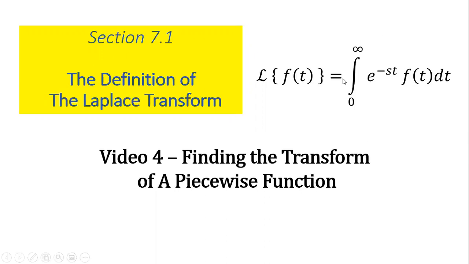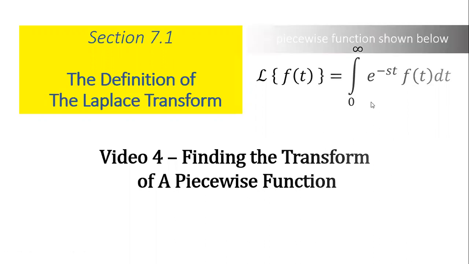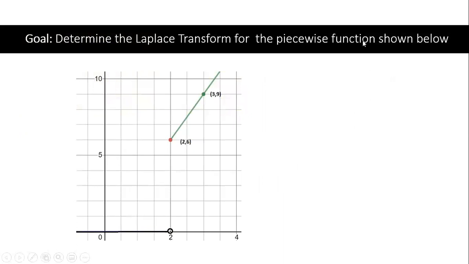So let us see if we can apply this definition of the Laplace transform as an improper integral to help find the Laplace transform of the following function. Our goal here is going to be to determine the Laplace transform for the piecewise function that you see graphed here on this slide.